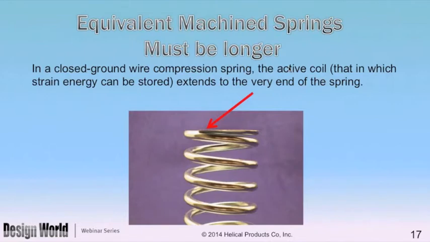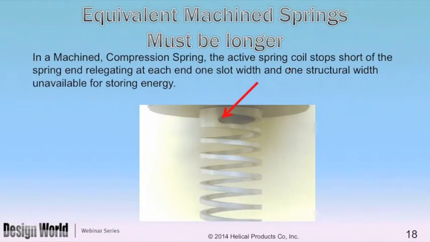Now, when we look at a machine spring, things are a little different. The torsional shear in this spring ends right about where you see with the arrow, and everything from there on up in this case is a structural member that is going along for the ride effectively, as far as the elasticity is concerned.